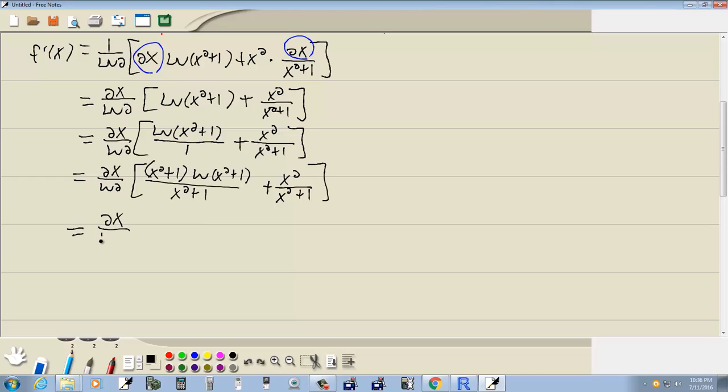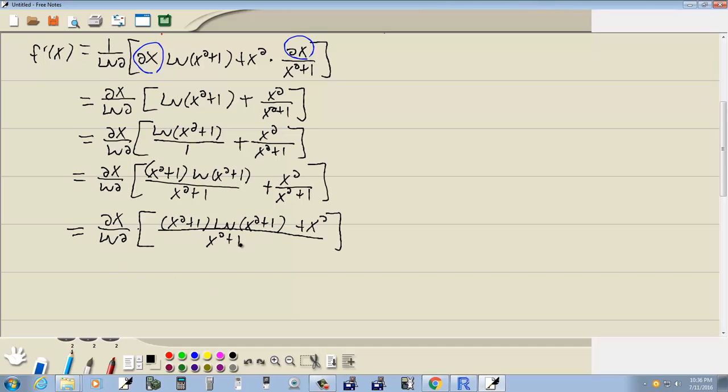So I got 2x over natural log of 2, and then I'll merge this into a single fraction. So we got x squared plus 1 times natural log of x squared plus 1 plus x squared over x squared plus 1.